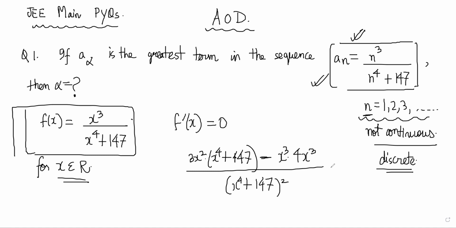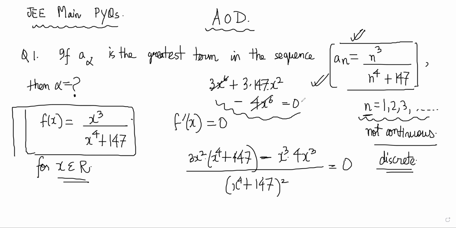So for maxima and minima, the numerator should be 0. So you have 3x power 6 plus 3 times 147 x square minus 4x power 6 is 0. Finally you're getting x power 4 equal to 3 times 147, which is 9 times 49, right?